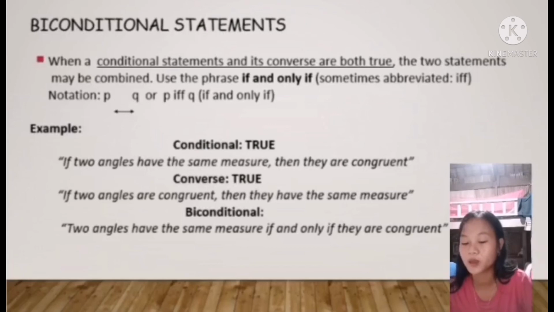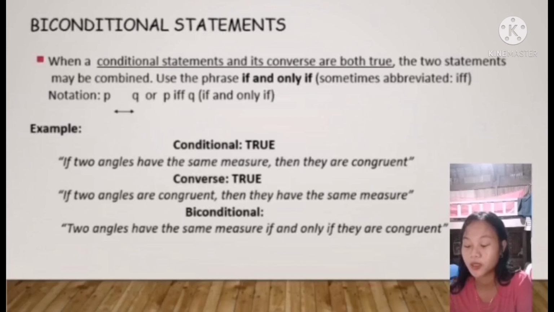Biconditional: two angles have the same measure if and only if they are congruent. A biconditional statement does not use if and then clauses, and it is a true statement if and only if the conditional statement and its converse are both true.